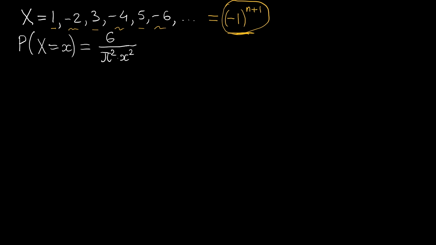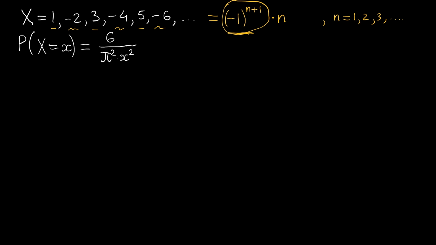Okay, so we've taken care of the sign, and then we just need to multiply it by n, right? So that's the general expression for the values that x takes on. And the beautiful thing now is that here n goes over only the positive integers, which will make our life easier.